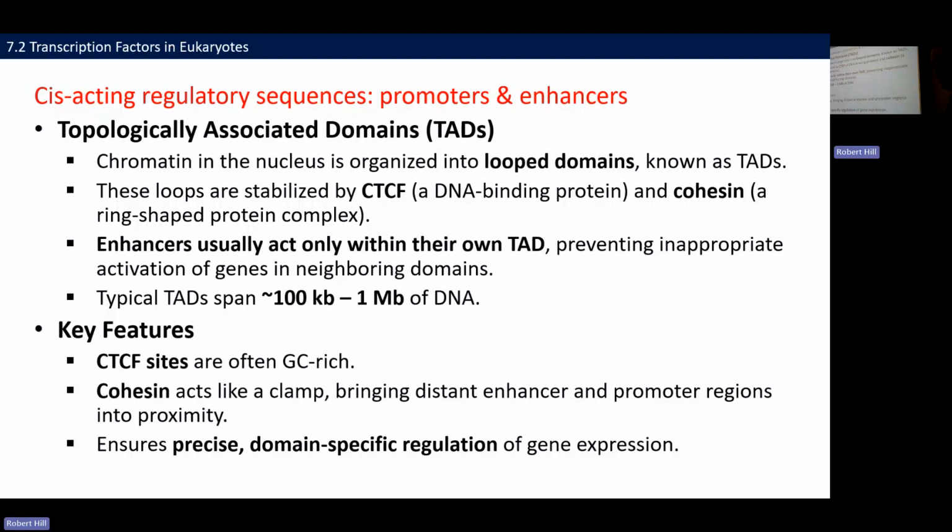Okay, so because enhancer sequences function through the looping of DNA, what we've noticed is the way the nucleus is actually organized. So this is the nucleus. There's protein on the inside of the membrane called lamina.